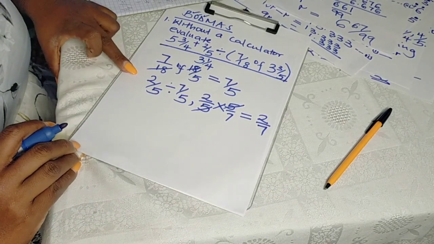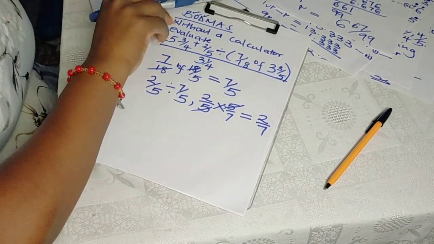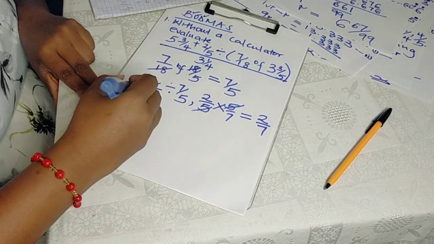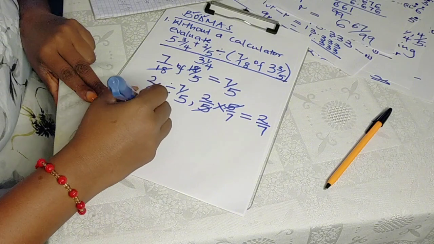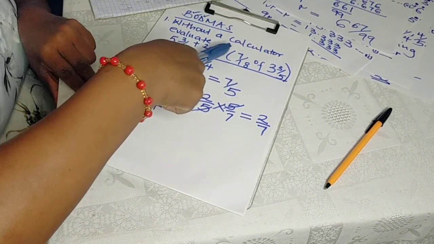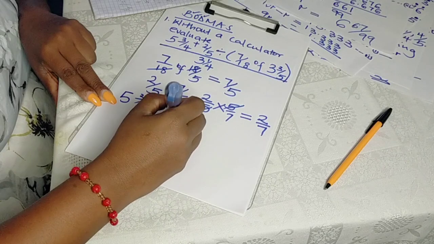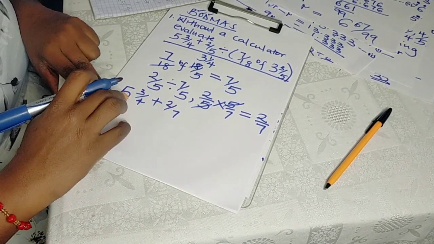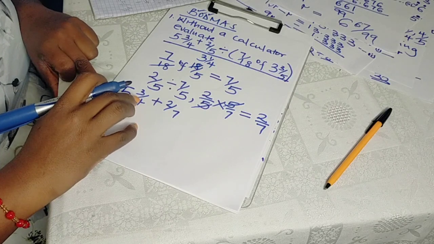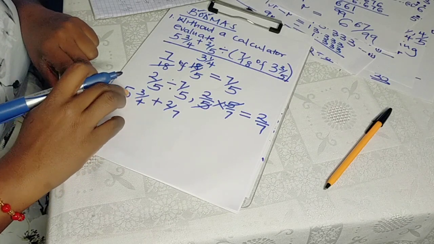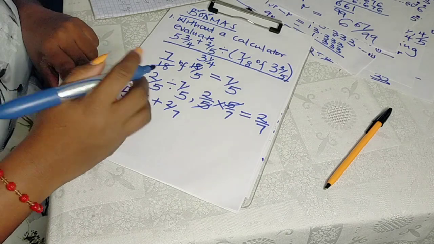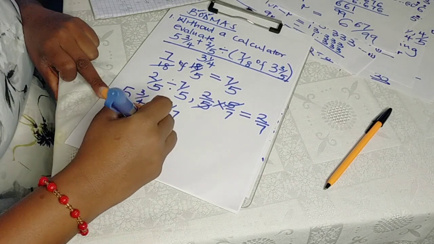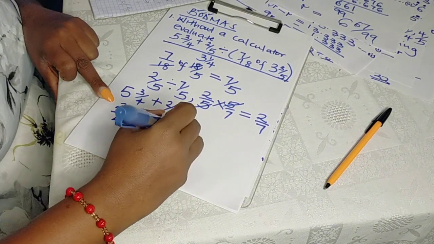Then we have multiplication, which is not there, but we have addition, which is here. So we shall say 3 over 4 add whatever we got from here, which is 2 over 7. We can convert this to an improper fraction. So this is 4 times 5, 20 plus 3, 23 over 4 plus 2 over 7.